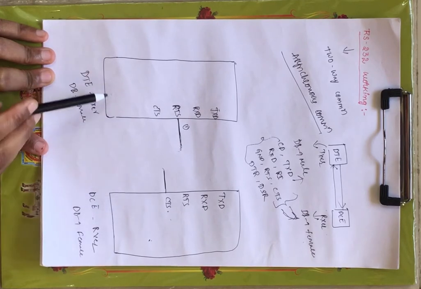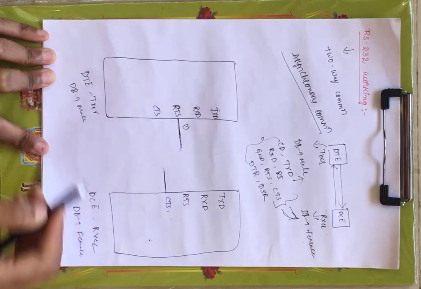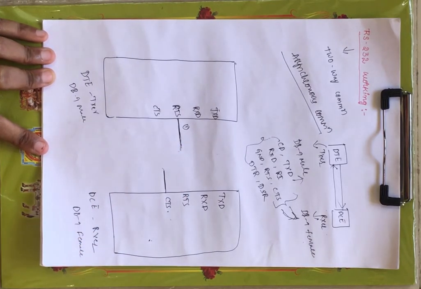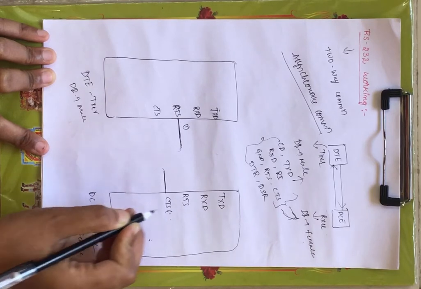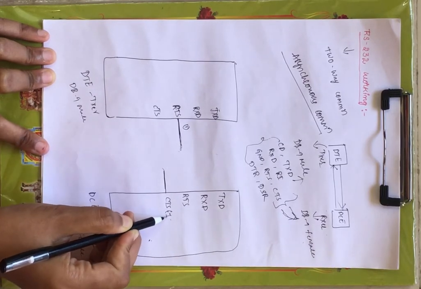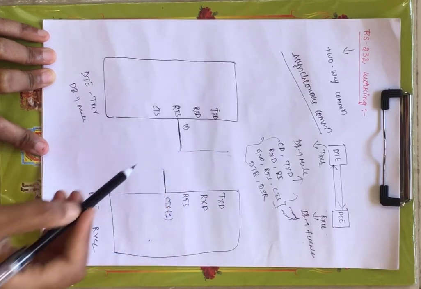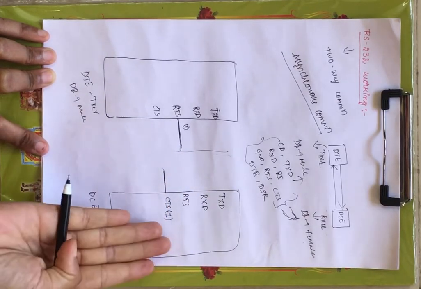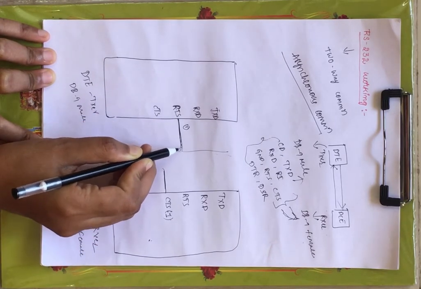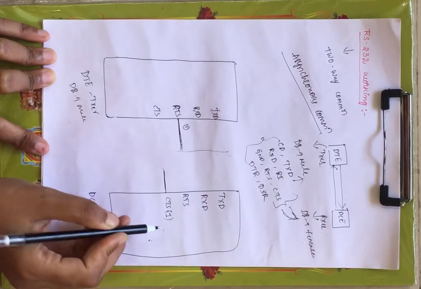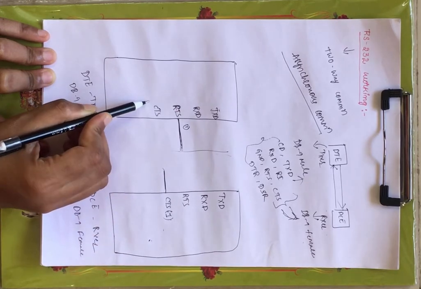Once the request signal is generated, the DCE will check whether the path is free to send the data or not, right? This is an active high signal. If it is active high, the path between your DTE and DCE is clear so that it can send the data, right? First the RTS signal is generated towards DCE. Then DCE will generate the CTS signal towards the DTE.